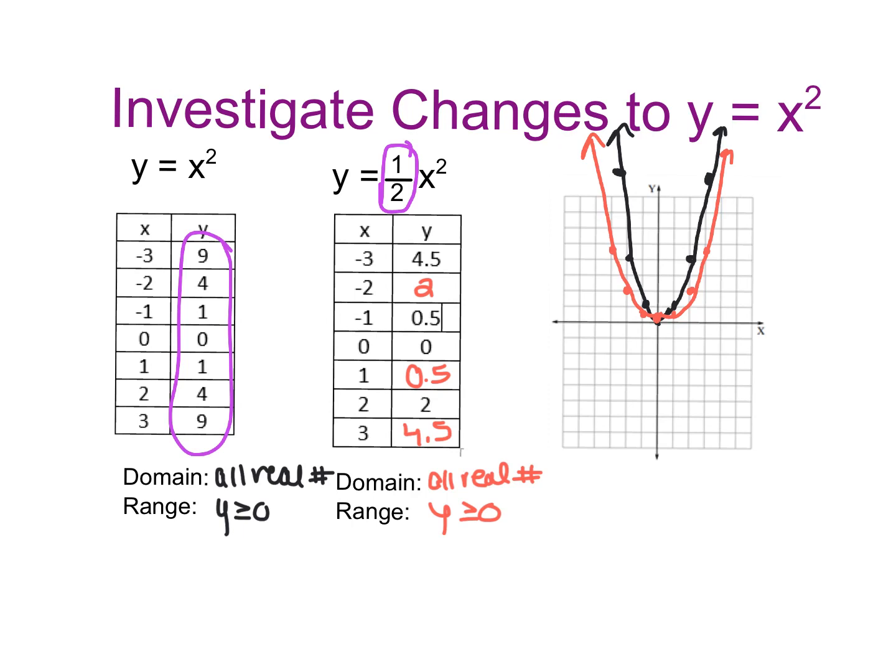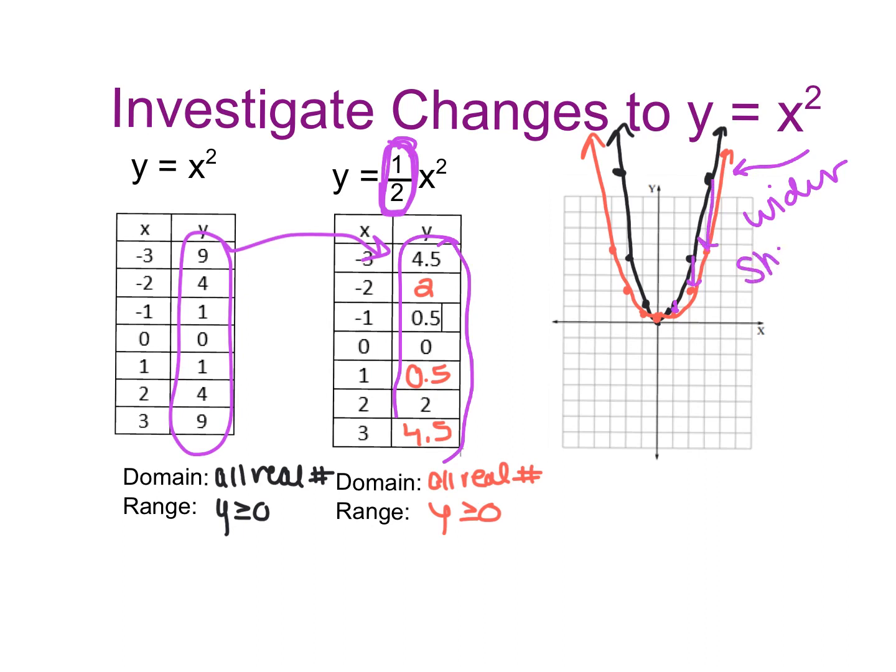So what you should be seeing is that with an a value of 1/2, your y value points actually got about half as tall, which makes sense because we're basically taking our parent graph points and multiplying them by 1/2. Then if I look over here at this graph in red and compare it to the graph in black, I notice that this graph essentially got wider. And it seems like what happened was we took every parent graph value and we dropped it, or shrunk it, to about half its height.